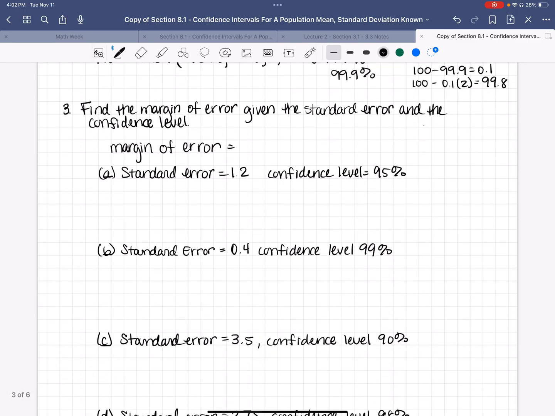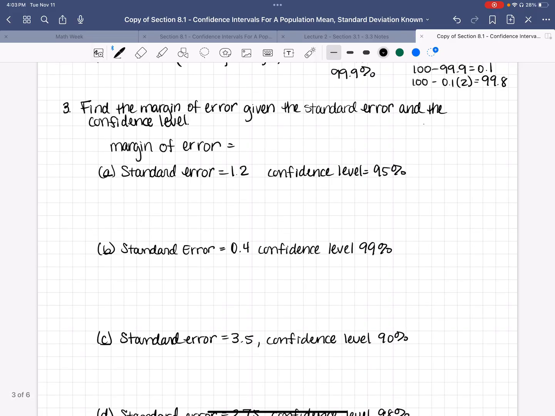Okay. Number 3 says, find the margin of error given the standard error and the confidence level. I remember the formula that we just wrote for margin of error. Margin of error equals the critical value times the standard error.